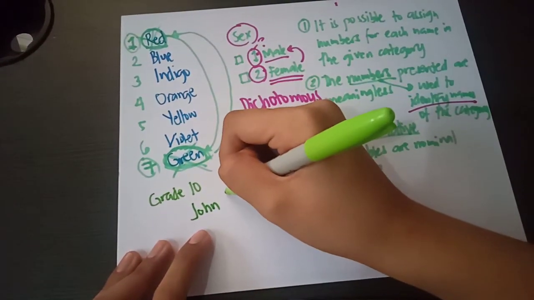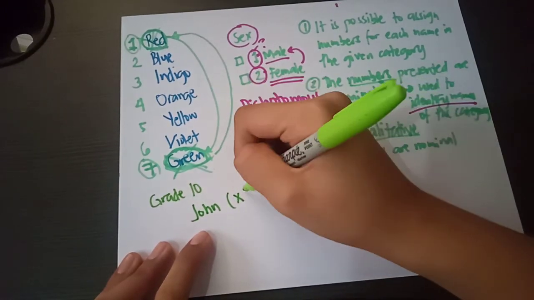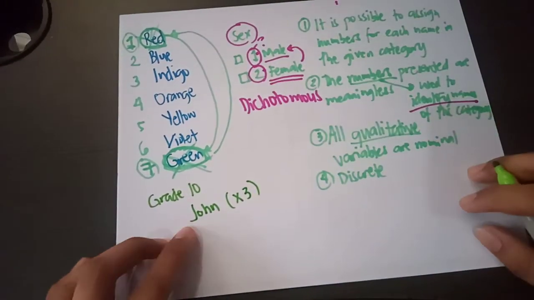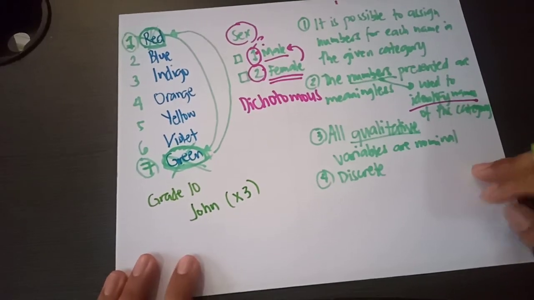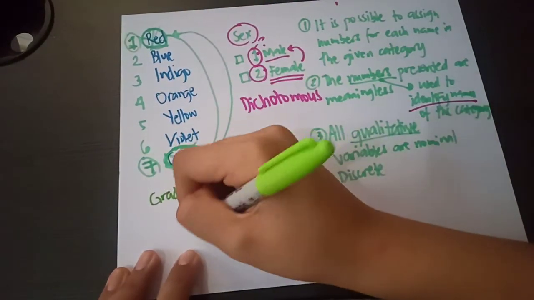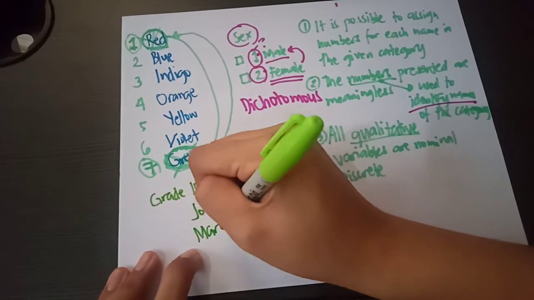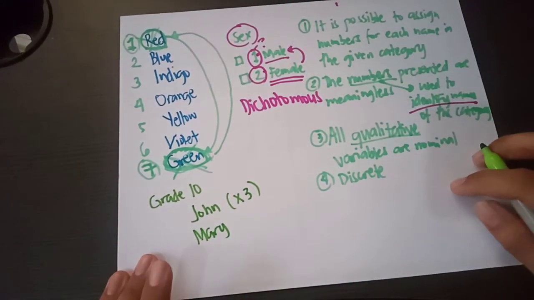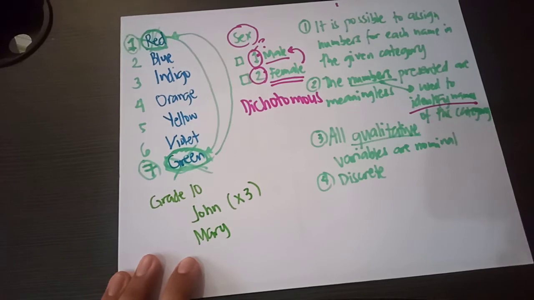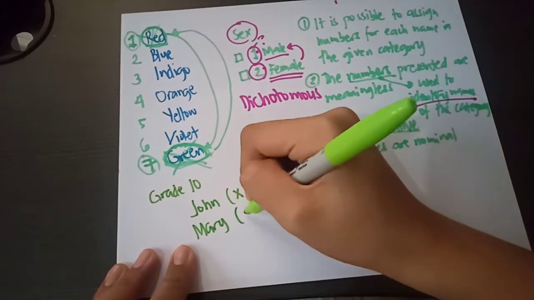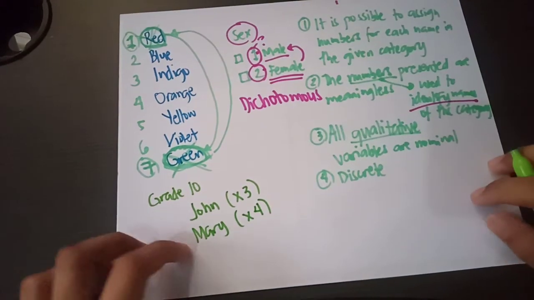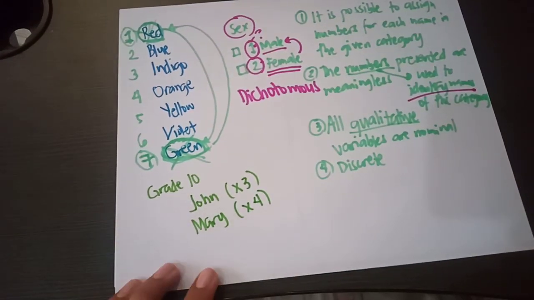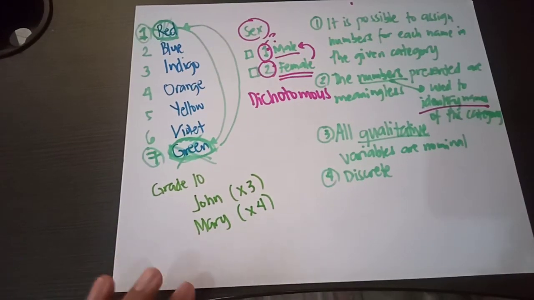Let's say we have 3 persons whose name is John. And let's say we have persons whose name is Mary, and this Mary consists of 4. So 4 students in the grade 10 classroom have the name of Mary.